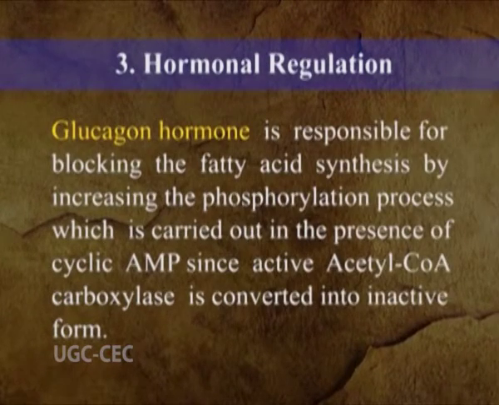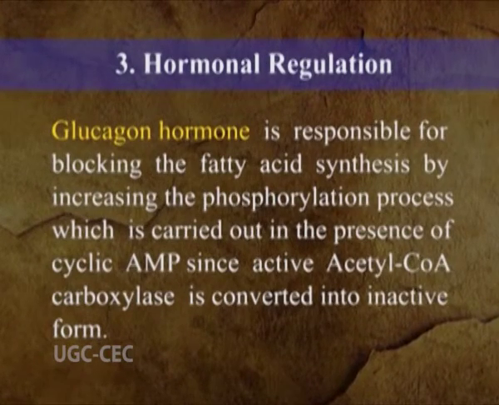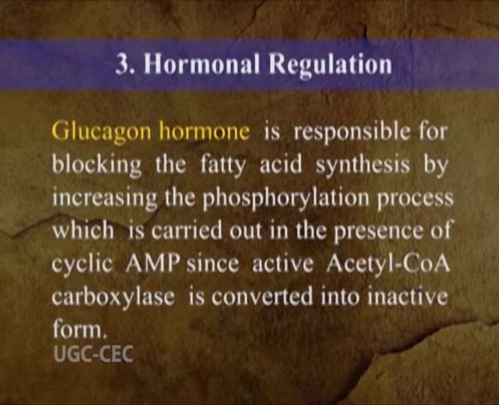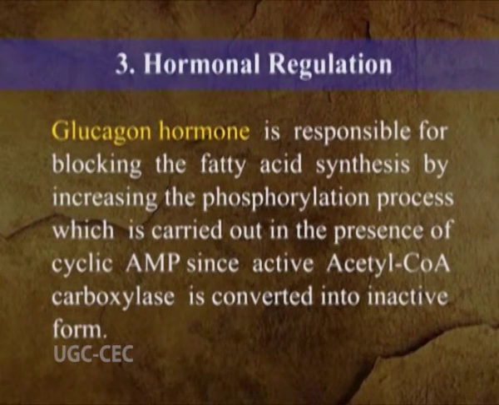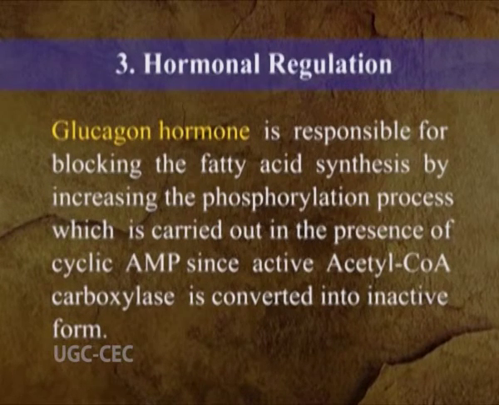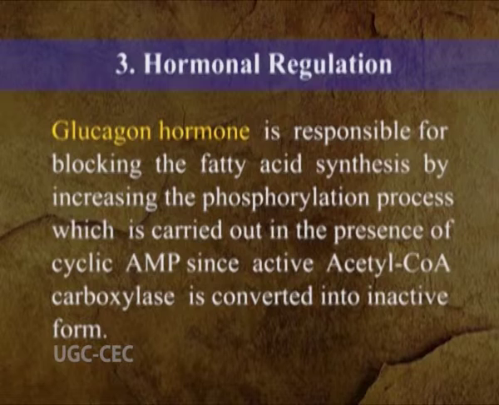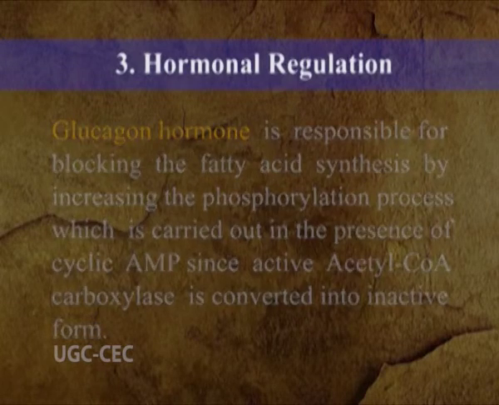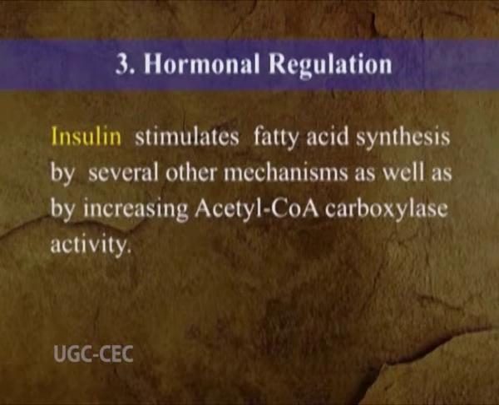Glucagon hormone is responsible for blocking the fatty acid synthesis by increasing the phosphorylation process, which is carried out in the presence of cyclic AMP, since active acetyl-CoA carboxylase is converted into inactive form. Next hormone is insulin.